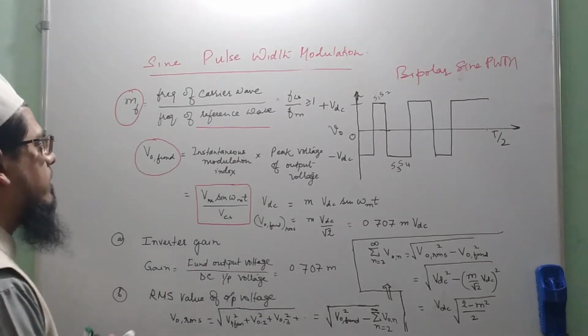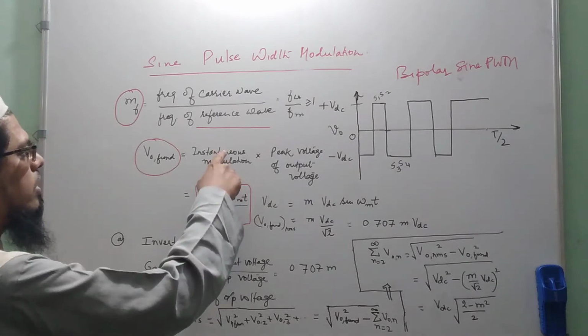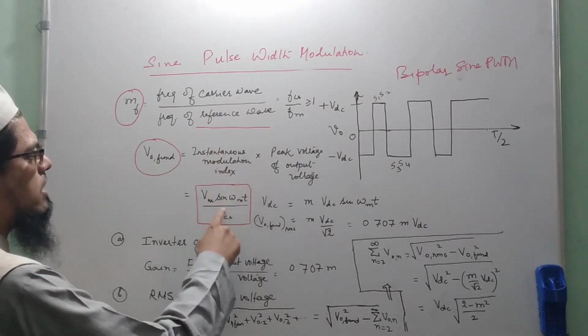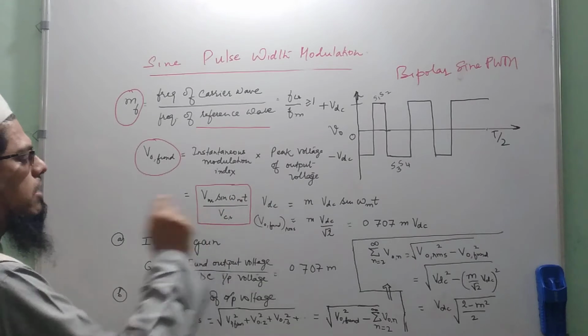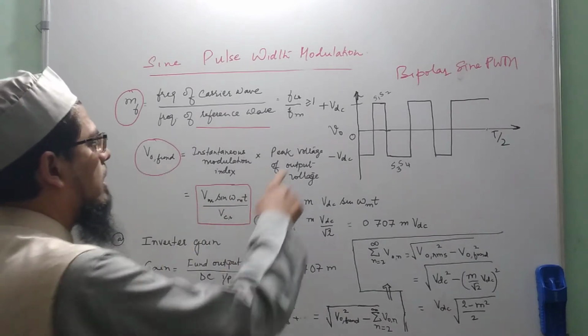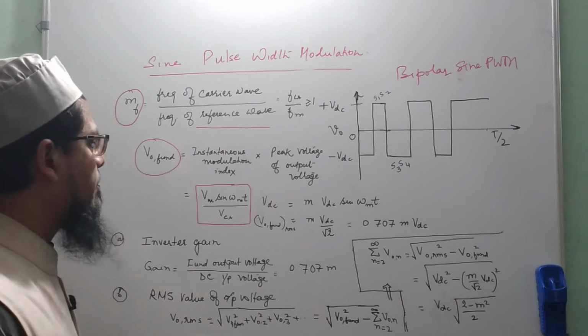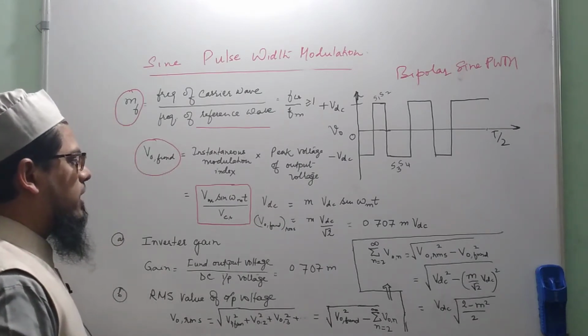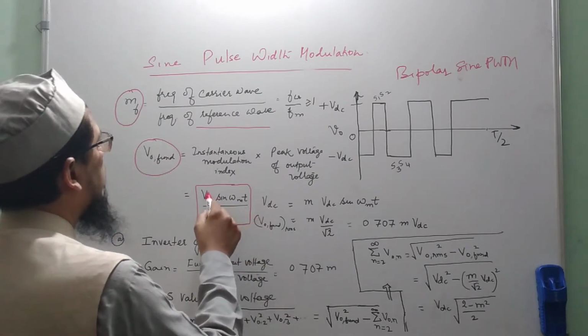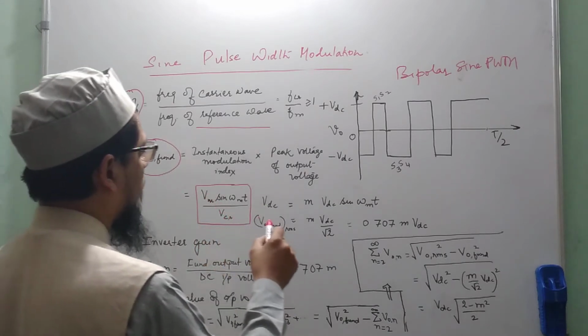So the instantaneous modulation index is given by Vm sine omega mt by VCR, while the peak voltage of the output voltage is VDC.